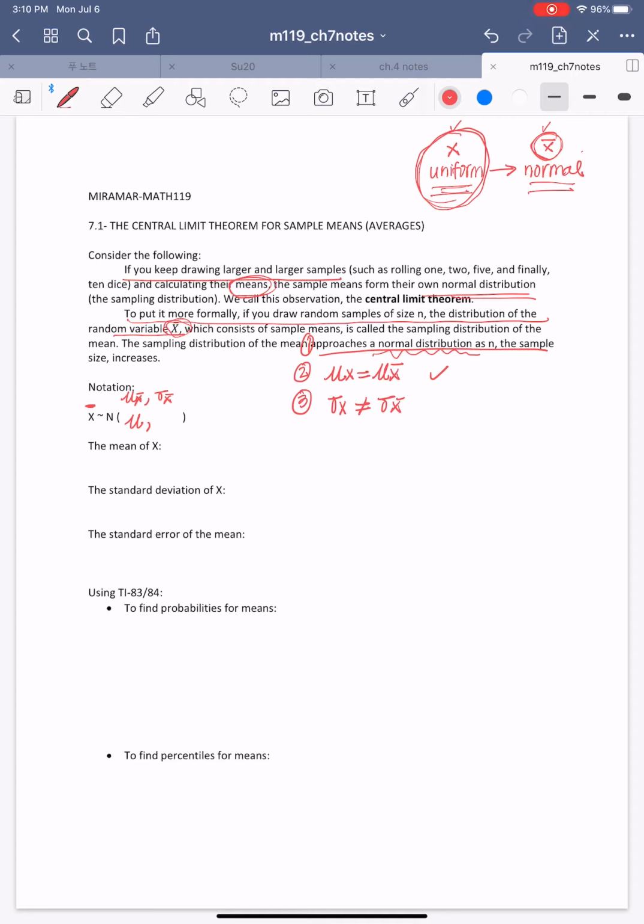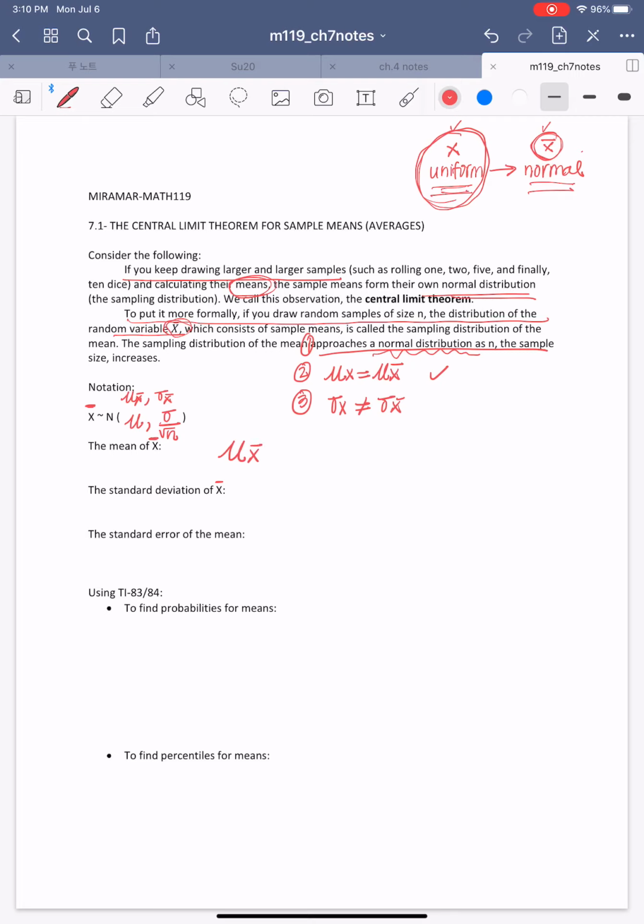Now, what is the standard deviation? It will be sigma, your population standard deviation, divided by the square root of n. So that's why you saw up and down between 1.2, 1.1, and then going back to 1.1, because standard deviation is not an unbiased estimator. So the mean of x bar will be written as mu of x bar.